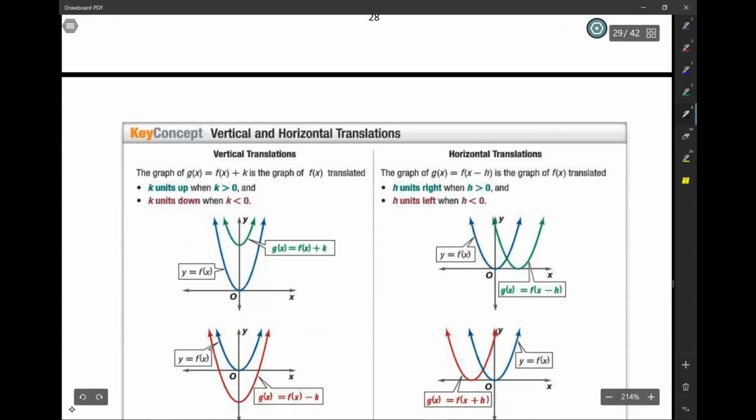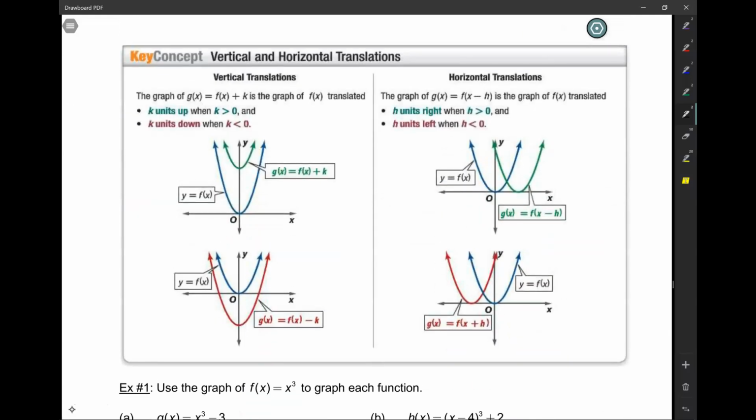All right, so let's start with a vertical translation first. Suppose here you have f of x equal to x squared, right? Now, if you take your function and add a value to it, that moves it either up or down.